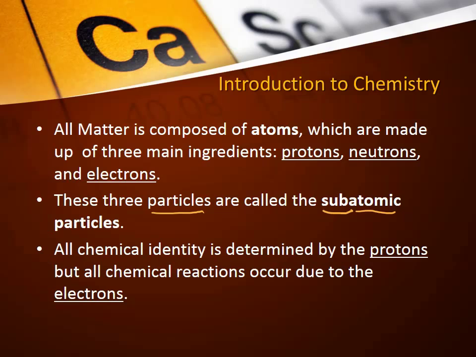So these are kind of the particles that are smaller than atoms, which makes sense since atoms are made up of these particles. All chemical identity, meaning our name, anything that we associate with it, is determined by the protons. But all chemical reactions occur due to the electrons. Hopefully you're asking what happens with the neutrons. We'll talk about those a little bit later.